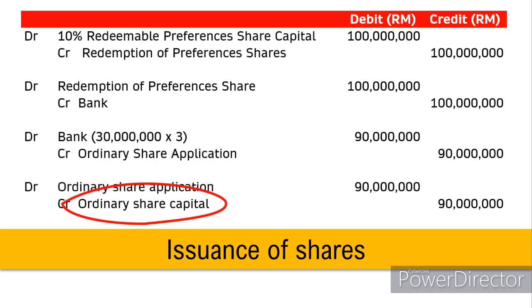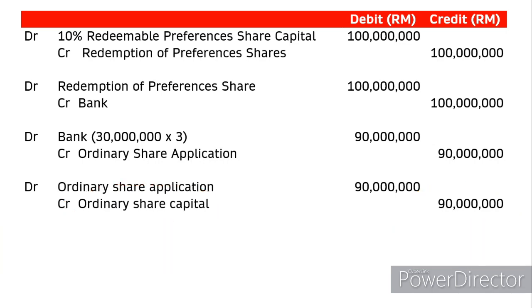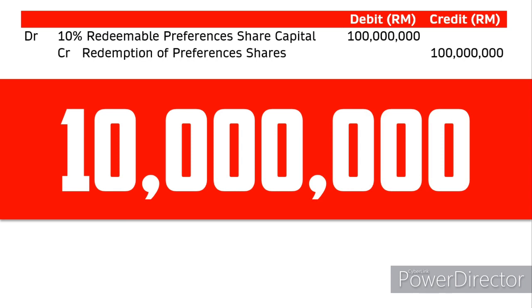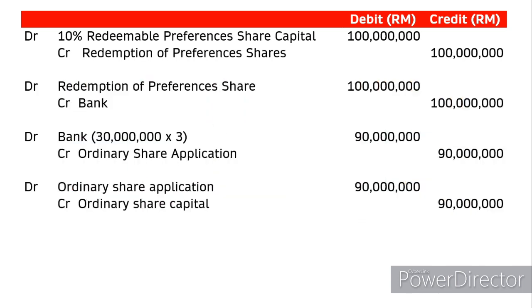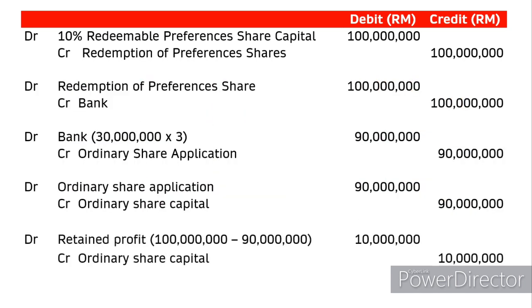So by issuing the ordinary share capital, we have covered 90 million of the 100 million redeemed. So you need another 10 million. How to cover the other 10 million is by using your retained profit. So to utilize retained profit, debit retained profit, 10 million and credit ordinary share capital.